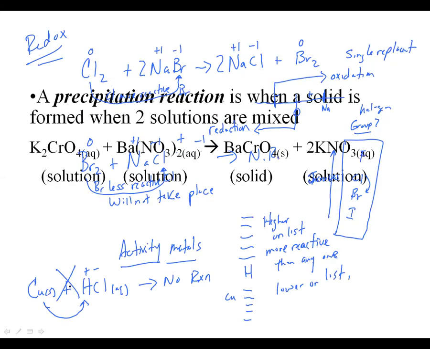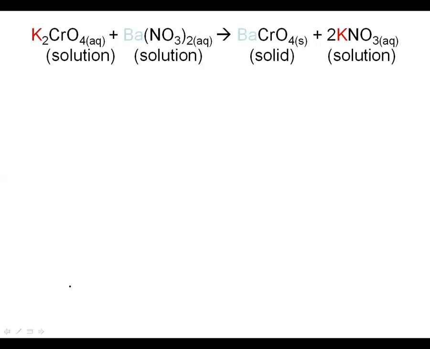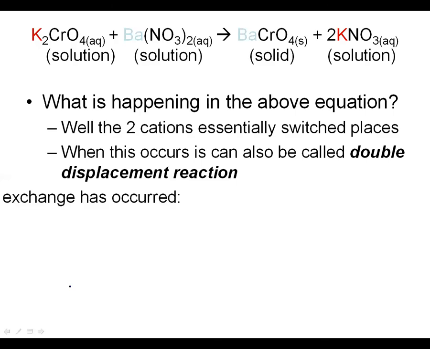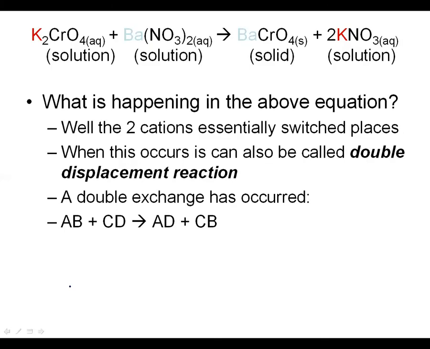So let's take a look at this reaction, which is a precipitation reaction, and it's actually this one up here. Basically, this is again the same reaction as we see on the previous page. A precipitation reaction is basically any reaction where, when you mix two liquids, or two solutions, I guess is a better way of saying that, you actually make a solid.